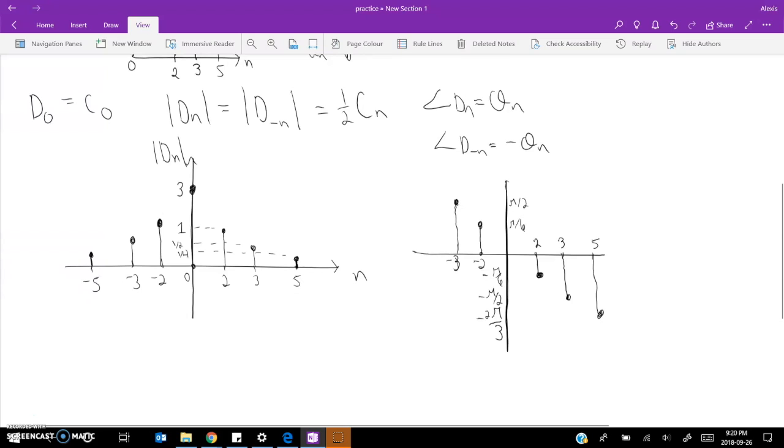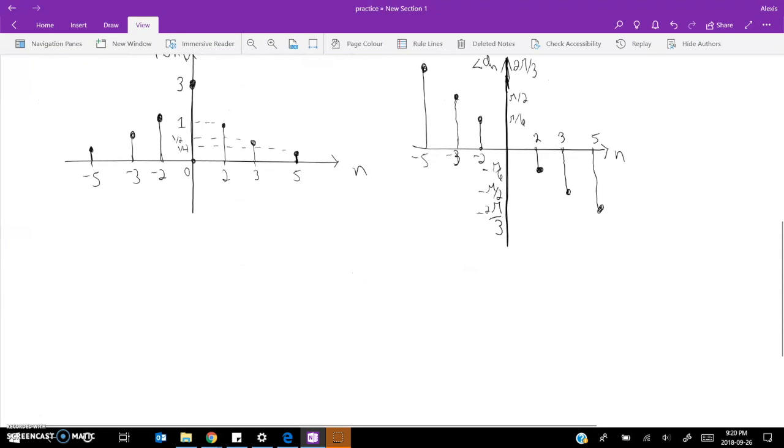And at negative 5, we would obtain our final value, which would be positive 2 pi over 3. And by inspecting these graphs, we can come up with the exponential form of x of t.